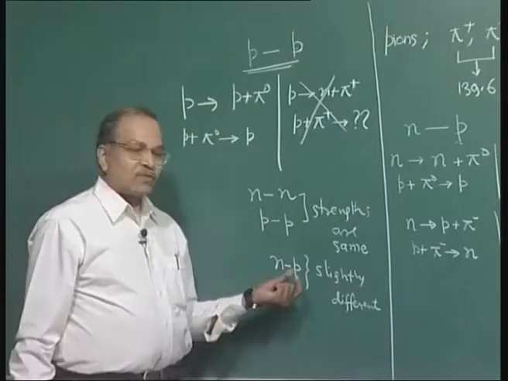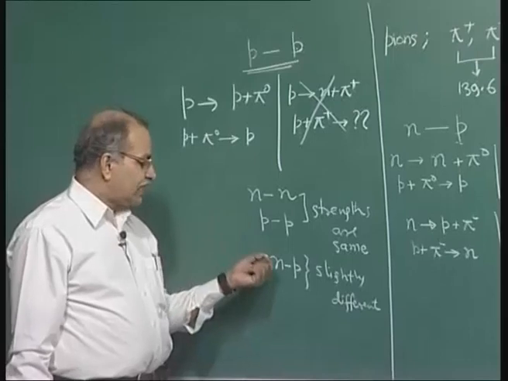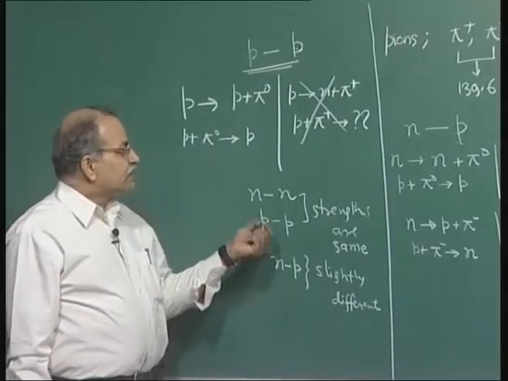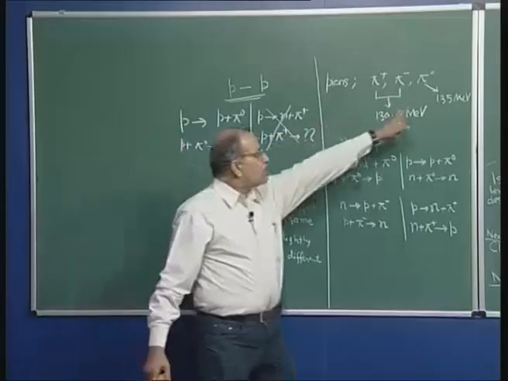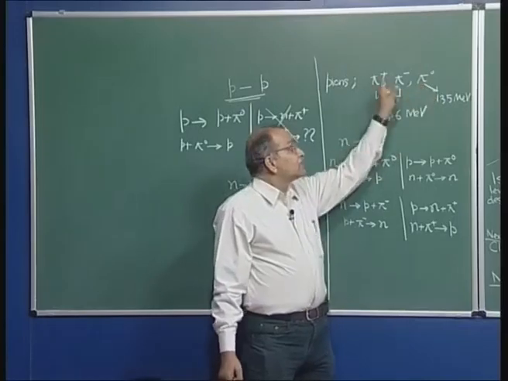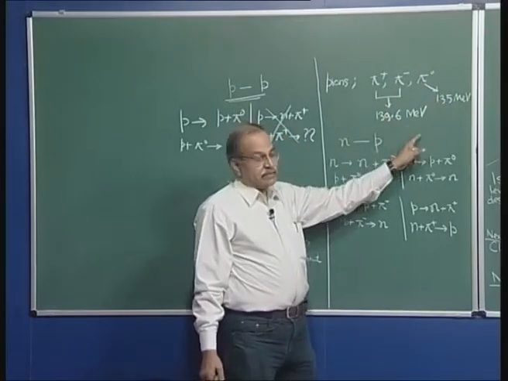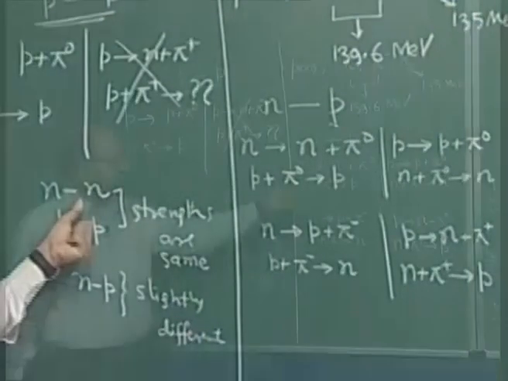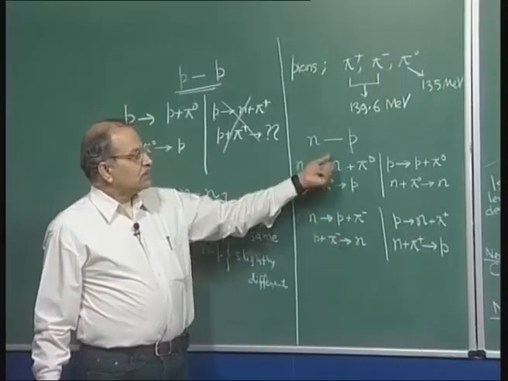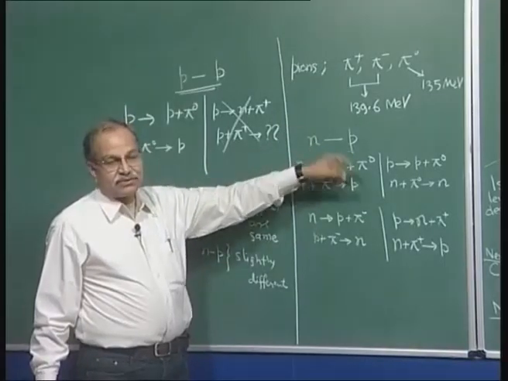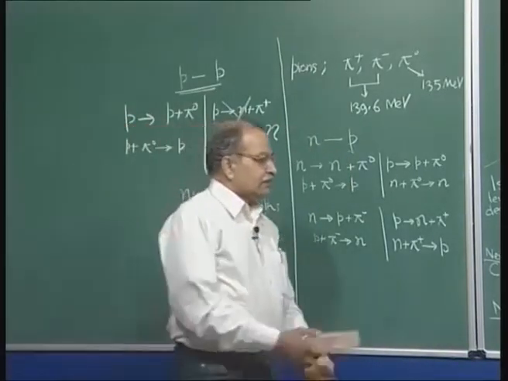People give credit for that difference, or responsibility for that difference, to the slight difference in mass of neutral pion and charged pions. These interactions can only go through neutral pions, whereas these interactions can go through the neutral as well as the charged, all 3 contribute. So, slight difference comes from there.